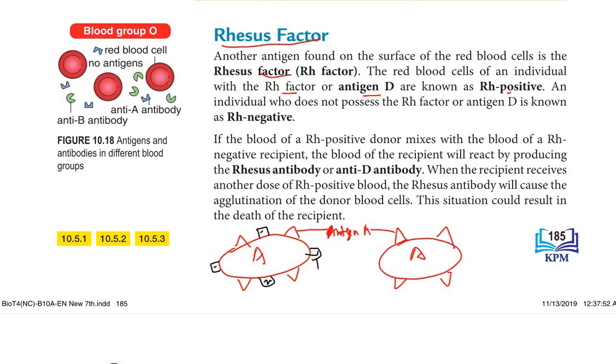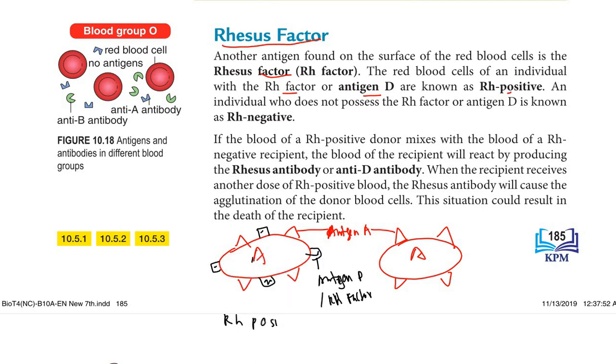Antigen D or Rh factor. Okay, so for the person that has this antigen D or Rh factor at the surface of the red blood cell, they are known as Rh positive. Okay, Rh positive.